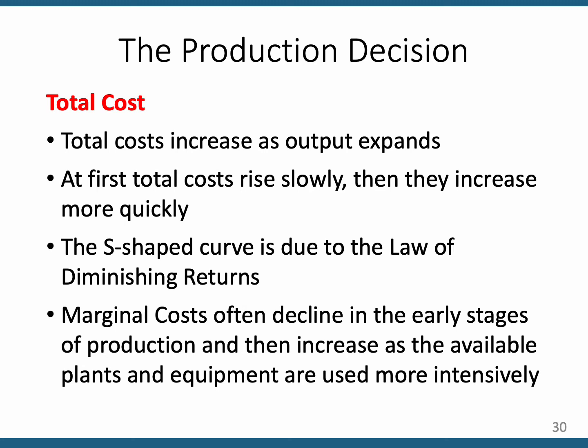But it's not a linear relationship, because in the very beginning, at very low levels of Q, total cost increases at a decreasing rate because you're experiencing increasing returns. Do you remember this? Then, beyond some point, you start to experience diminishing returns.